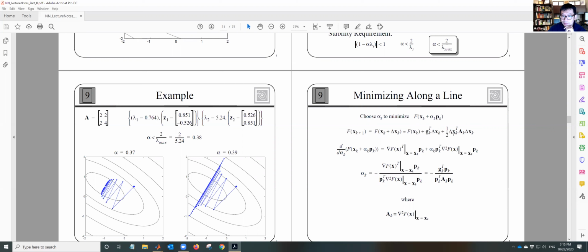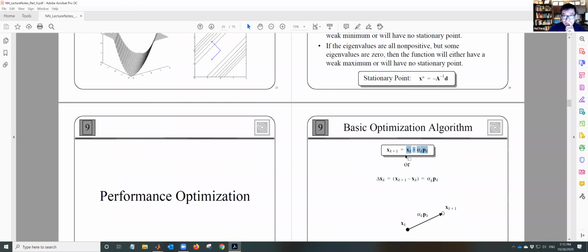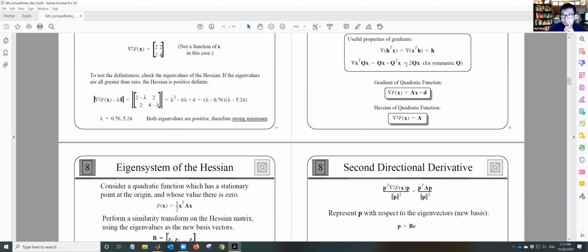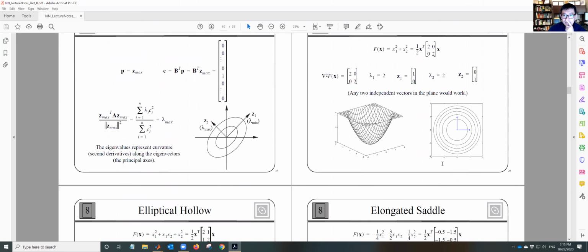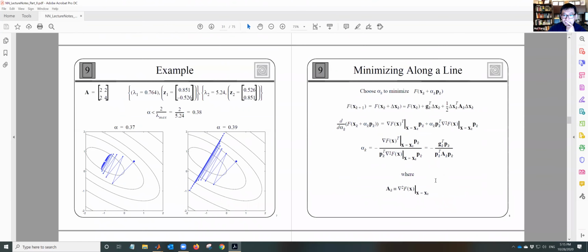Based on this equation, you got 2Qx, but you have 1/2 over here. So you have alpha k pk, and the Hessian in the middle, and then pk here.